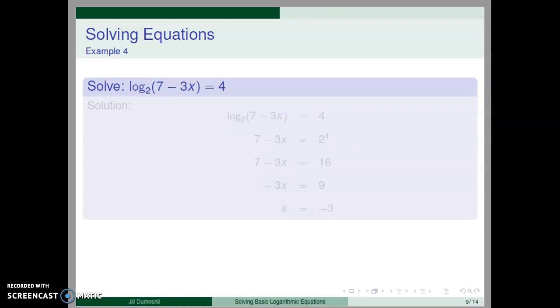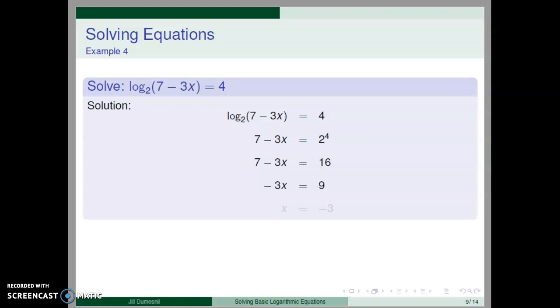Let's consider a similar problem and solve log base 2 of 7 minus 3x equals 4. Again, we start with the original equation and notice that we will have to check our final solution for possible domain problems. We convert the equation to exponential form, then evaluate 2 to the 4th as 16, and we have another linear equation to solve.